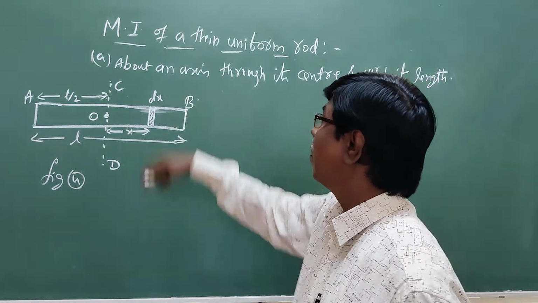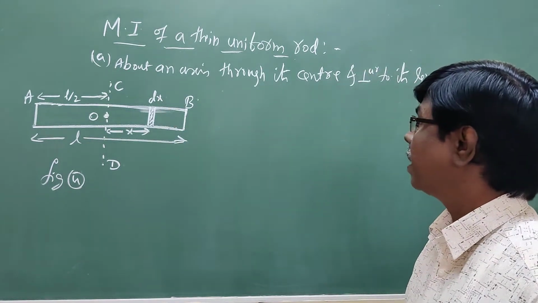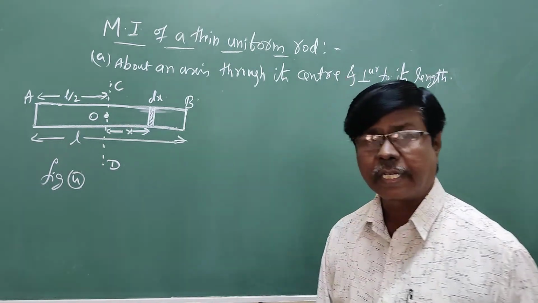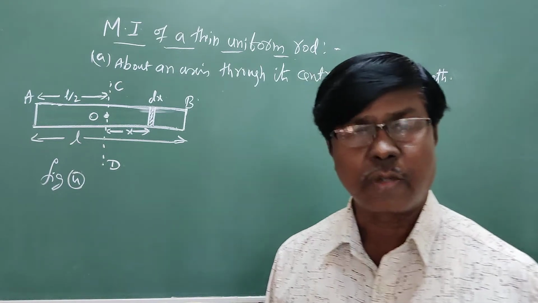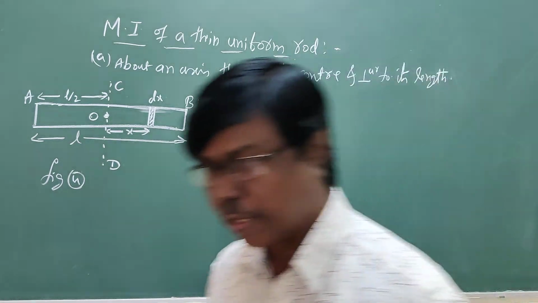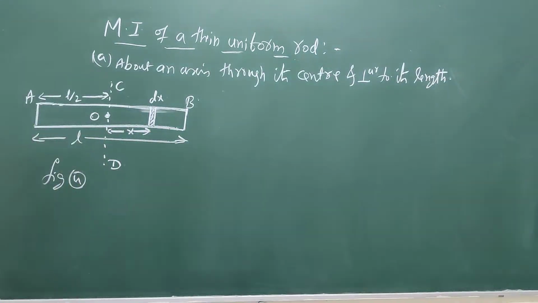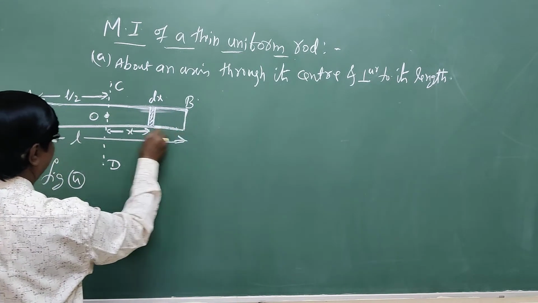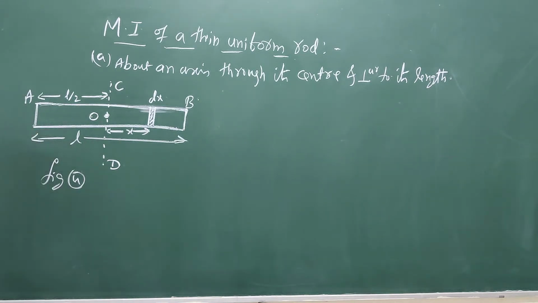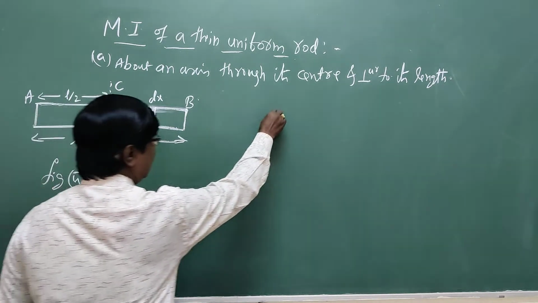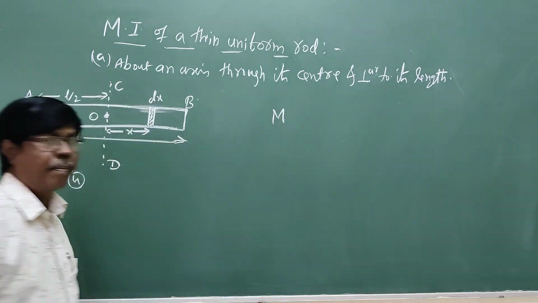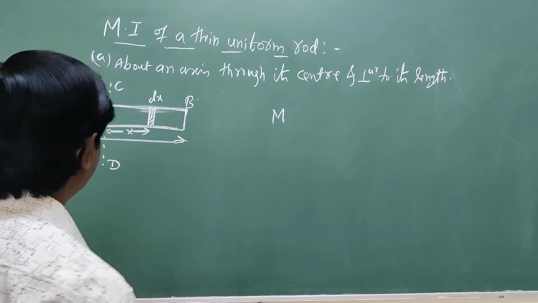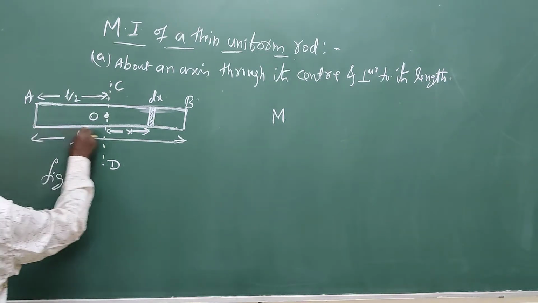The first one is the moment of inertia of a thin uniform rod about an axis through its center and perpendicular to its length. Let us consider a thin uniform rod of mass M, where M is the total mass of the rod.